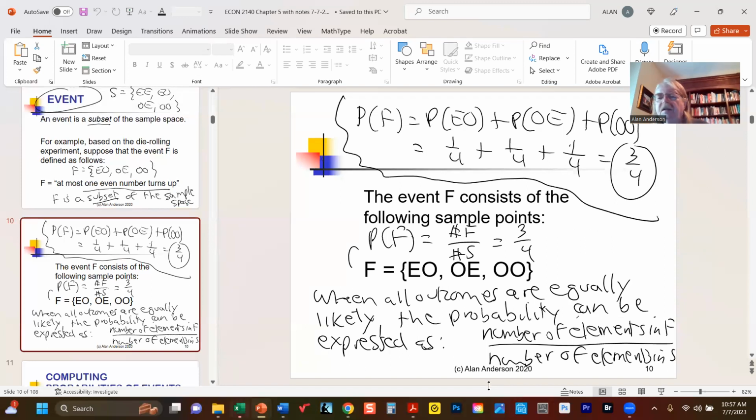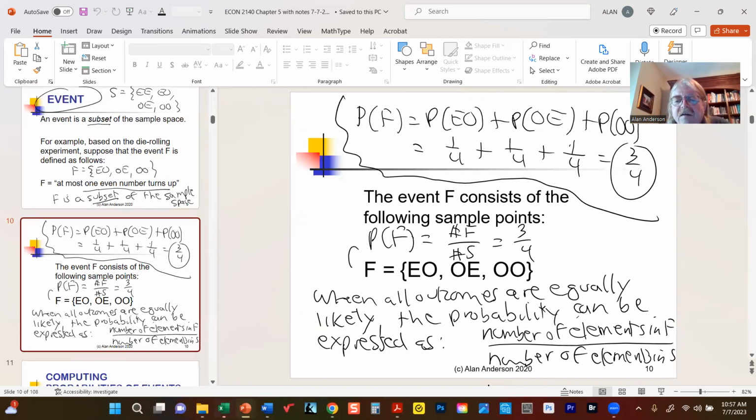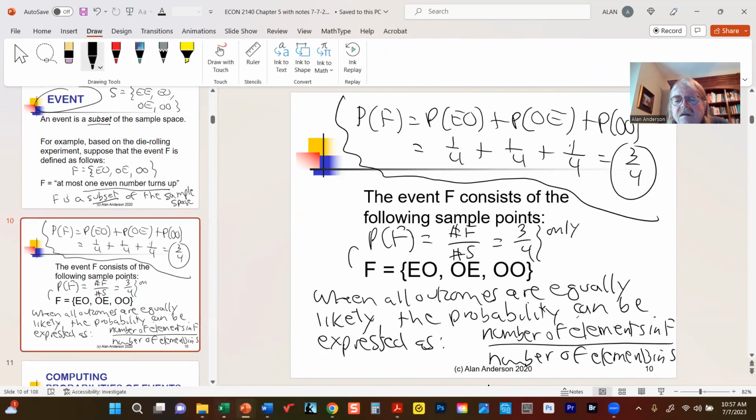The key detail here, though, is that what we did here is only true when all possible outcomes are equally likely.